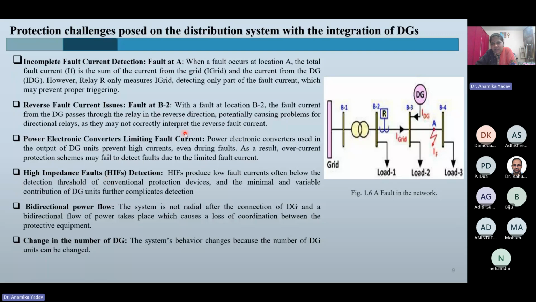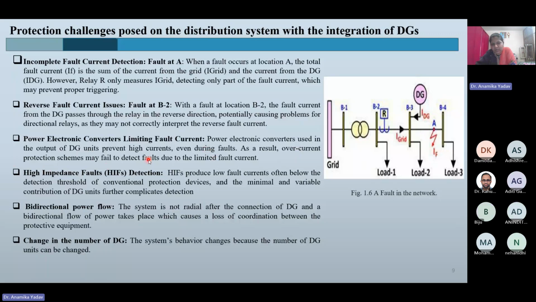If a solar DG is there, it generates voltage in DC, which through a power electronics converter, operating as an inverter, is converted from DC to AC to integrate it with the AC system. So there may be fault conditions in the power electronics converter as well, and overcurrent protection schemes may fail to detect them.